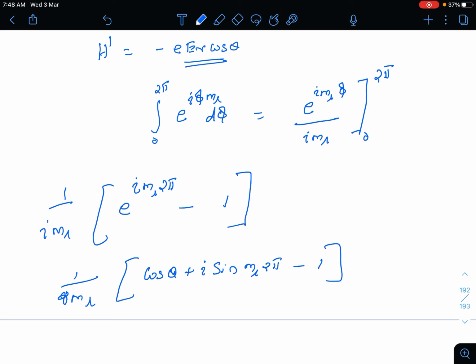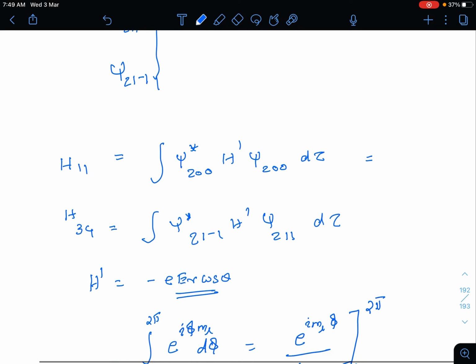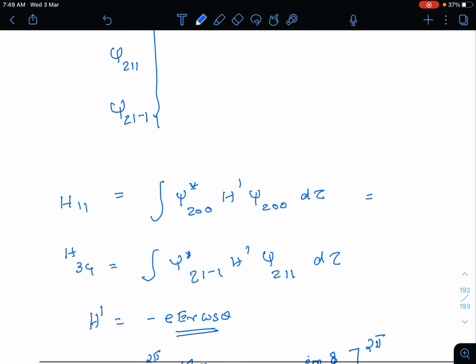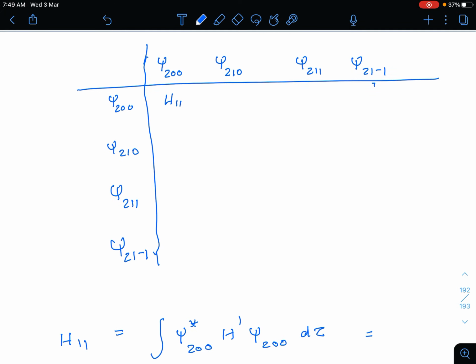Obviously the sine is 0, whatever ML is, as it is 2 pi multiplied by some integer, and the cosine is 1. So 1 minus 1 is always 0. So whenever the ML term has a value, this is all going to be 0. So let's check it. 0, 0.